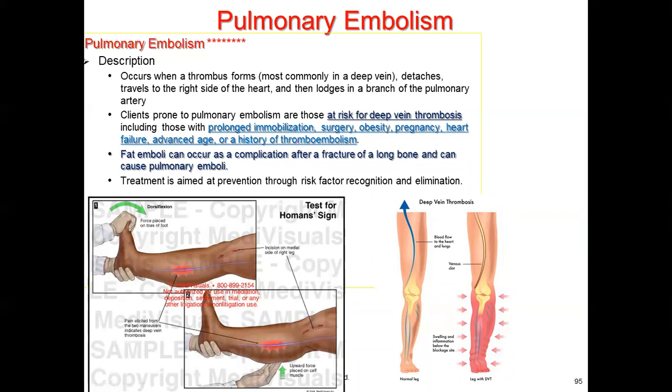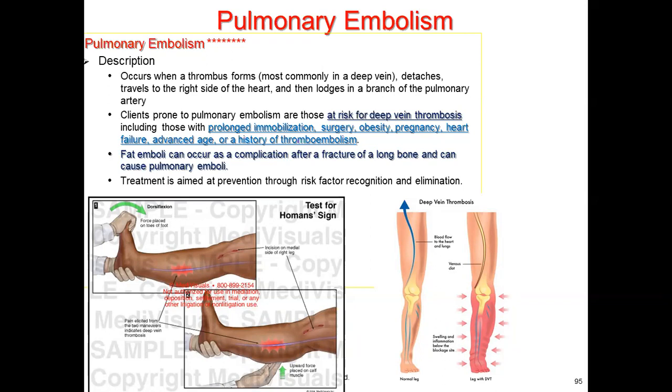To elicit the Homans sign, we first support the patient's thigh with one hand and the foot with the other hand. If we bend the leg slightly at the knee, we can do the dorsiflexion, and a resulting deep calf pain indicates a positive Homans sign.